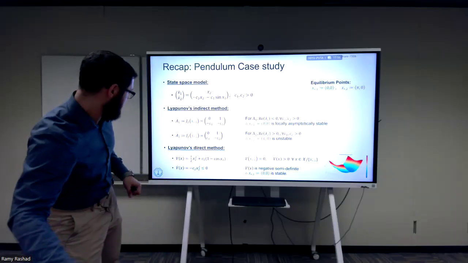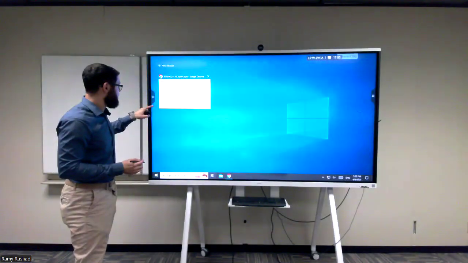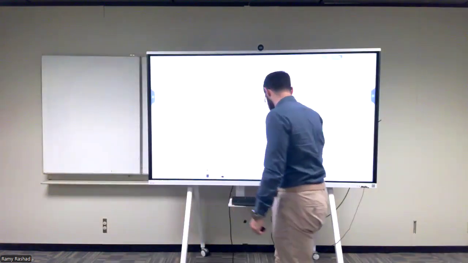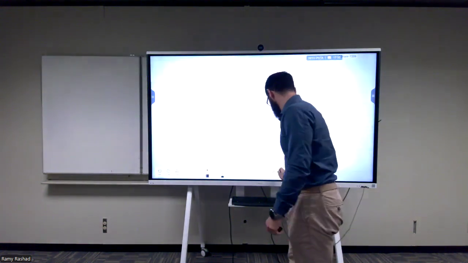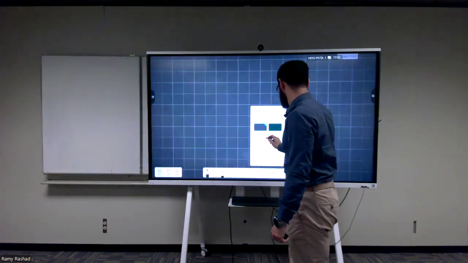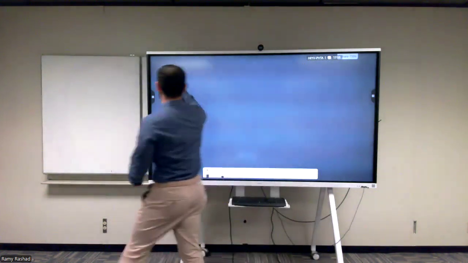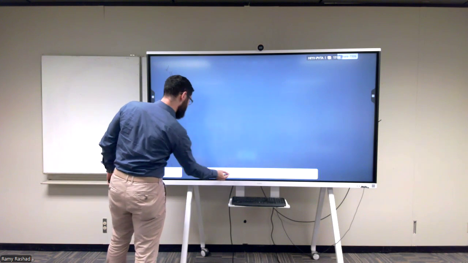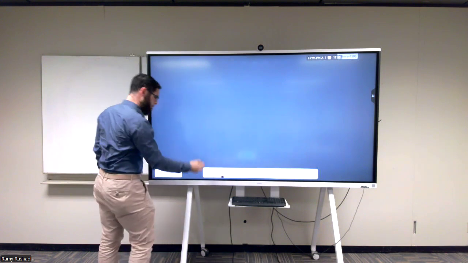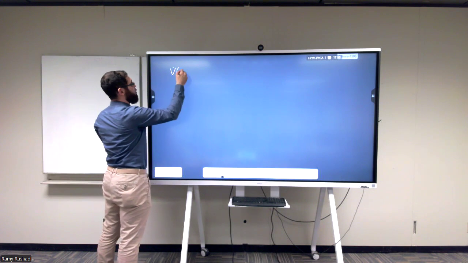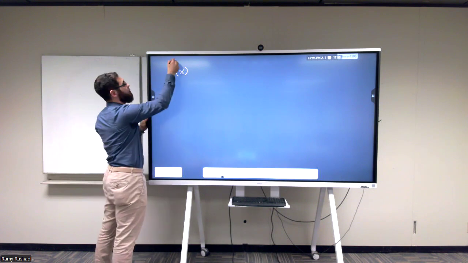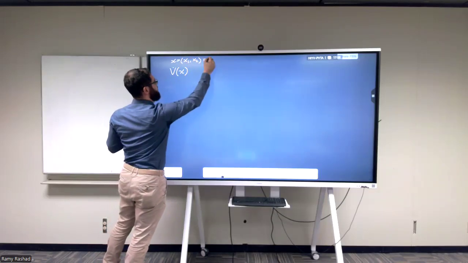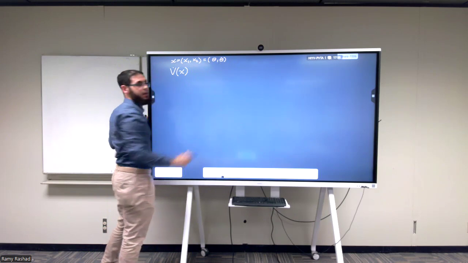Let me do this calculation very quickly. So the function V dot, which is a function of x, and x here was equal to x1, x2, which, to remind you, was theta and theta dot in the pendulum example.